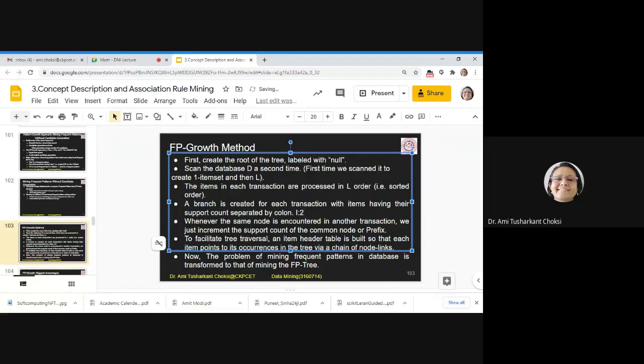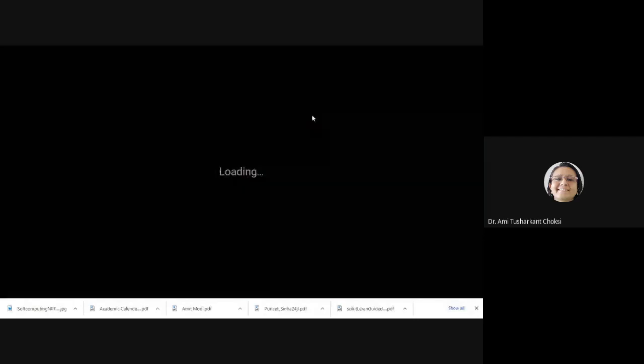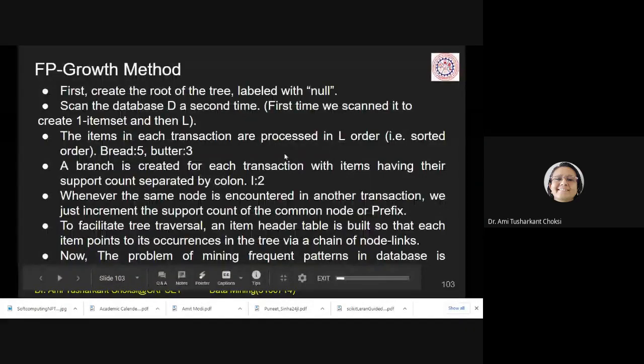So this way we'll be writing. And here what we consider is, say, bread colon 5, comma, butter colon 2 or 3, right? So this way we should consider. We'll have the example so you can be clear with that. Let us have the idea of what we actually have to do.